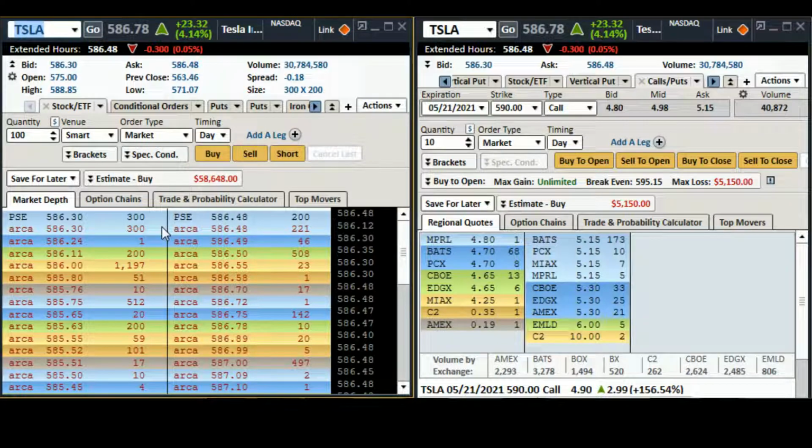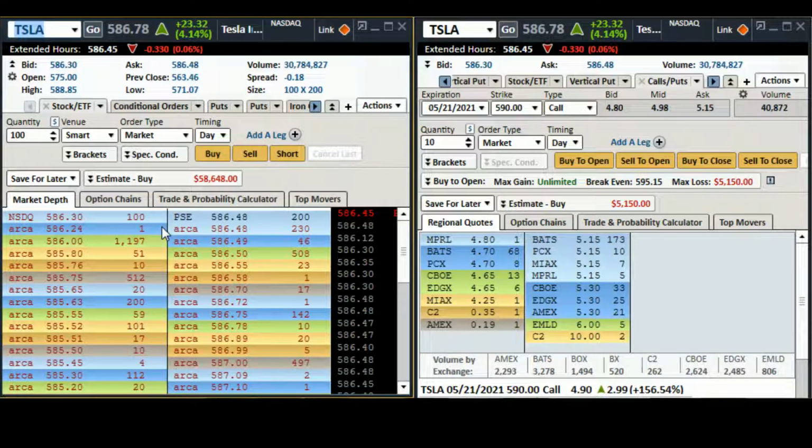So I would need buying power of 58,600. If I were to do that and the stock were to go to $588, I would be up $200, or 2 points, considering I sold there.